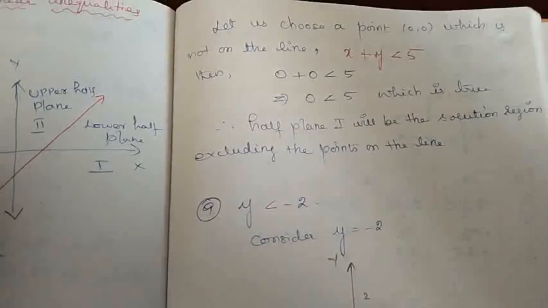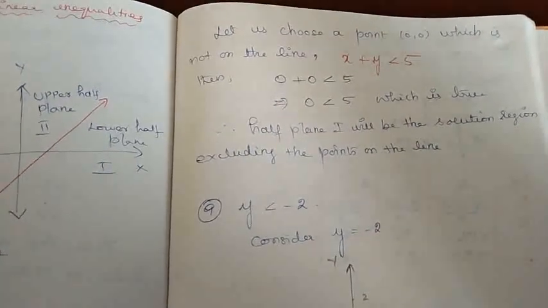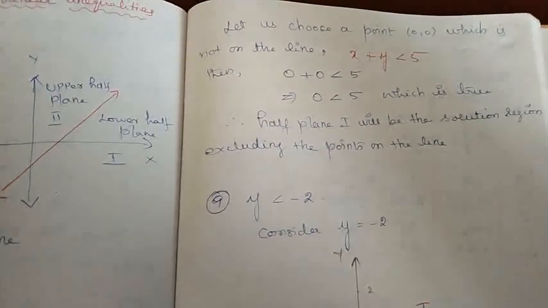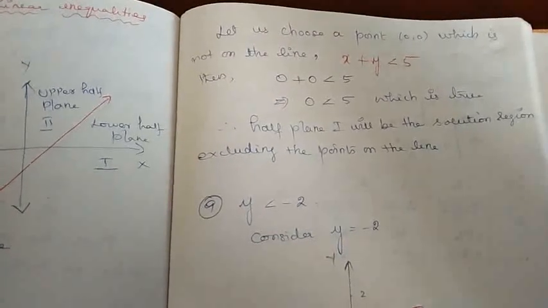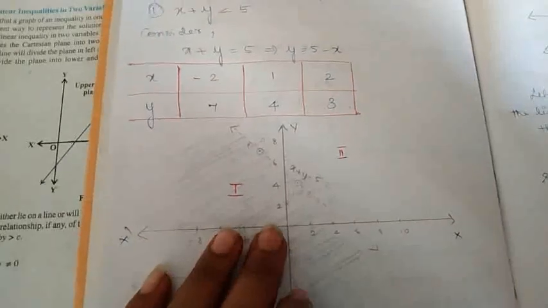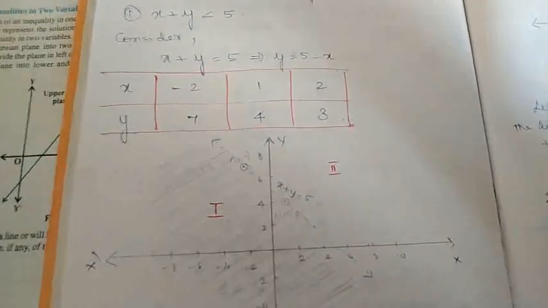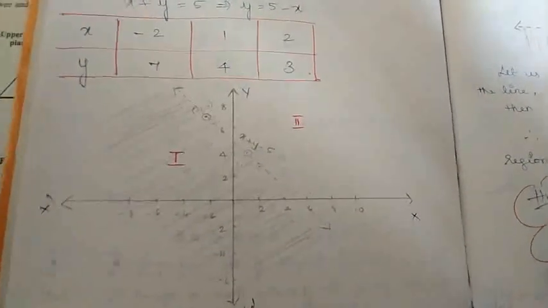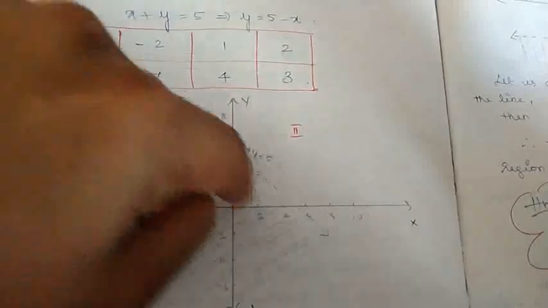For inequality, we can give only the solution region. So here 0, 0 satisfies the inequality, so the region of the plane where 0, 0 lies will be the solution region. So this plane 1 will be the solution region of the given inequality, excluding the points on the line.